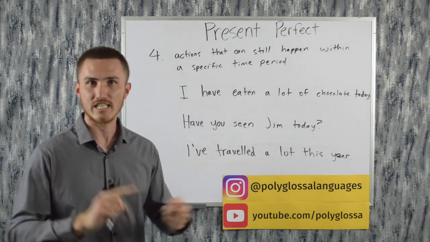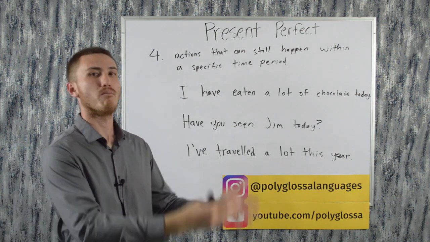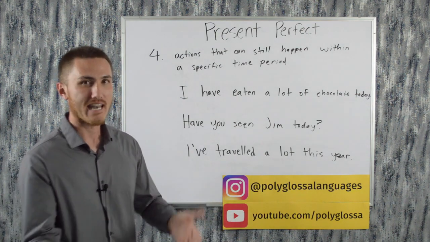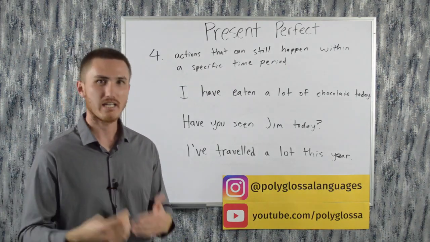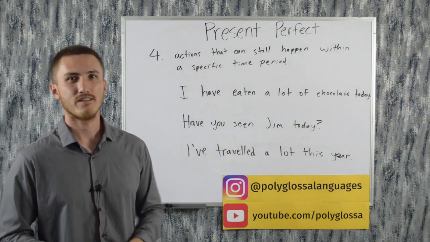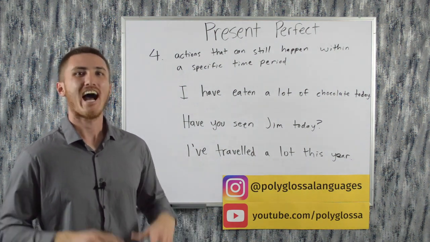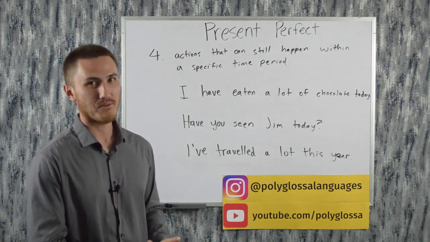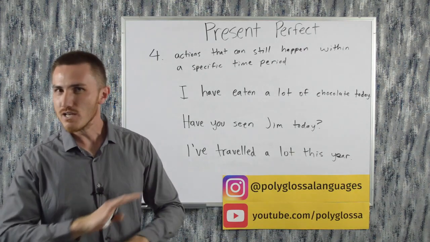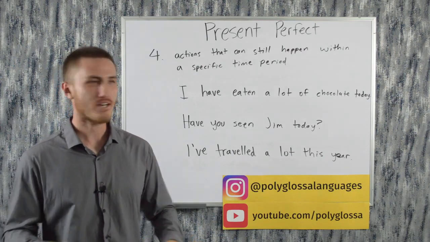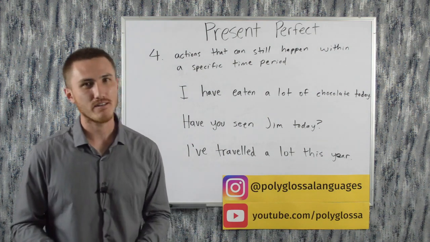I still have August, September, October, November, December. I can still travel more this year. But now let's pretend it's December, right? And we're talking and I say to you, this was a good year. I traveled a lot this year. I'm using the past simple because this year is over. It's December, right? I'm not going to travel anymore. I don't have any more opportunities to travel in that time period, right?